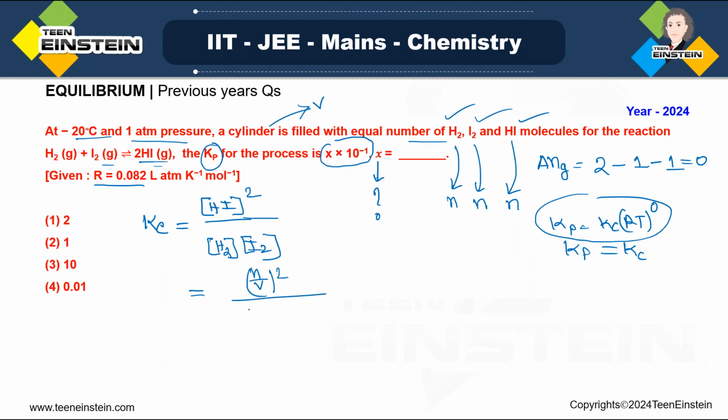Then concentration of H2 is number of moles divided by volume, and concentration of iodine is number of moles divided by volume. So everything will be cancelled and you are left with 1.